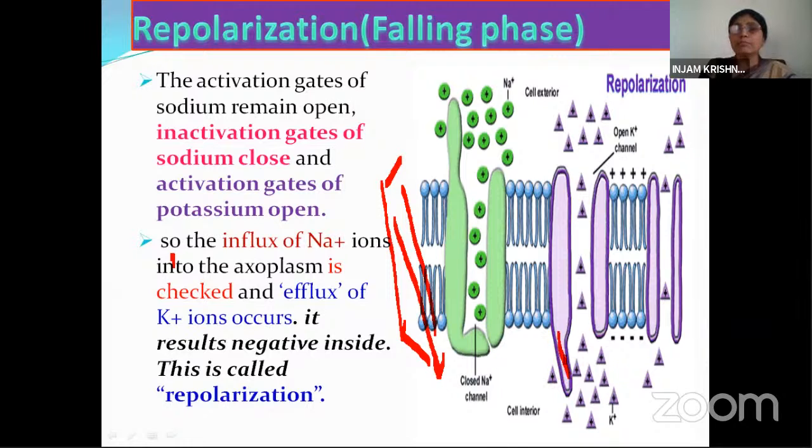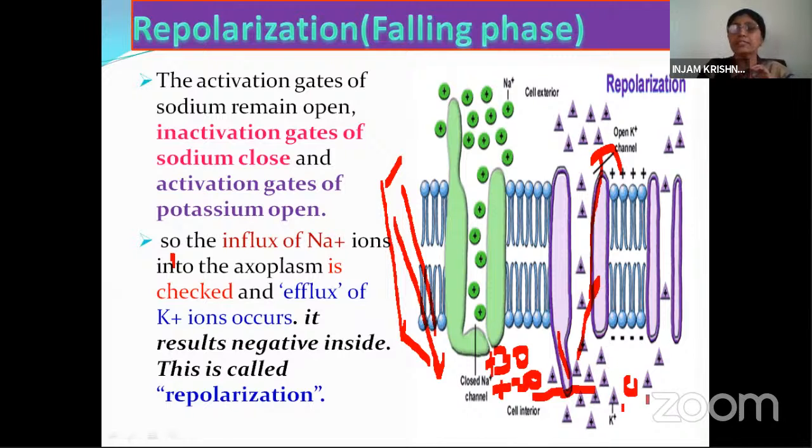When the potassium channel is opened, potassium ions, that means positive ions, move from inside to outside. For example, plus 30 is there after depolarization. Just imagine, when the positive ions are moving outside, what will happen? It comes to plus 20, plus 10, and 0.